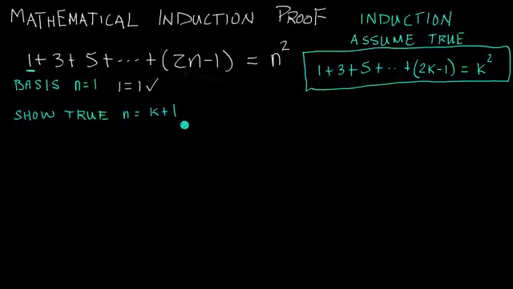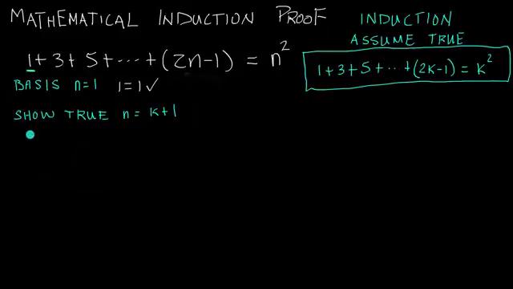So showing that the basis case works, and then assuming that it's true for any k we choose, and then based off of that assumption, if we can show it's true for the next case, then we've proved that this is true for any n value that we want, assuming that n is an integer with a value 1 or greater. So now we're going to show that this statement is true for n equal to k plus 1, based off of the assumption that we made in our induction step here.